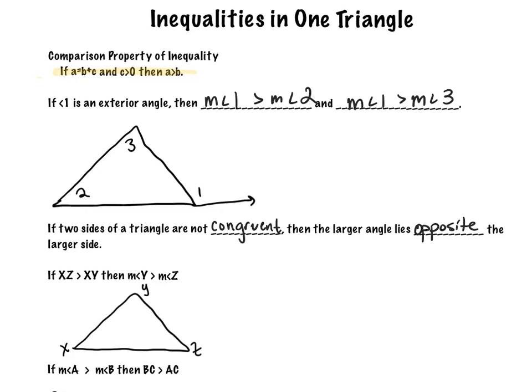So if XZ is longer than XY, I can make a comparison about the angles they're across from, the comparison about Z and Y. Guys, focus. If the red one is bigger than the blue one, then angle Y is greater than angle Z. They're measures. So we're always comparing things opposite the side or the angle.